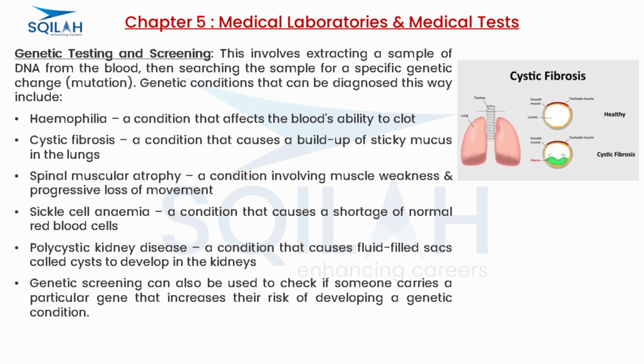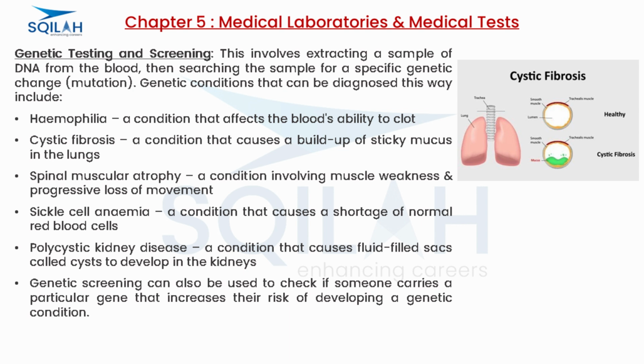Spinal muscular atrophy, a condition involving muscle weakness and progressive loss of movement. Sickle cell anemia, a condition that causes a shortage of normal red blood cells. Polycystic kidney disease, a condition that causes fluid-filled sacs, called cysts, to develop in the kidneys.